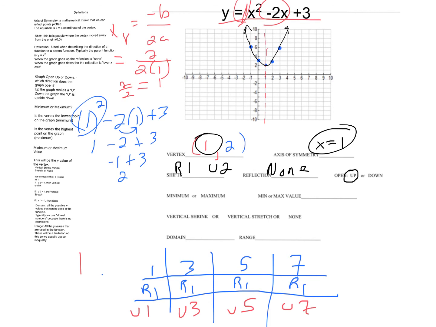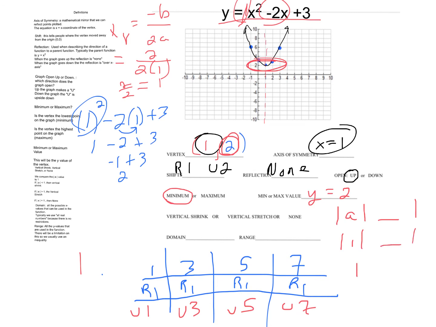Minimum, maximum value. Again, looking at my vertex, that's the lowest point I have, so it is a minimum. The minimum value is the y coordinate of the vertex, so y is equal to 2. Shrink, stretch, or none, so the absolute value of a compared to 1. So a is 1 in this case.